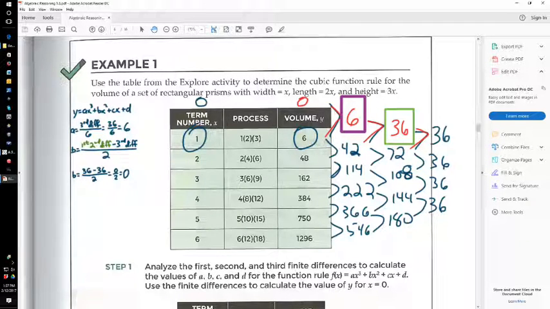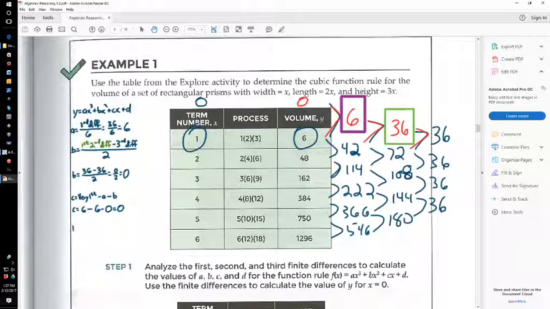Your c value is your very first, minus a and minus b. Our very first, highlighted in purple, is 6, minus your a value, which is 6, minus your b value, which is 0. 6 minus 6 minus 0 is 0.